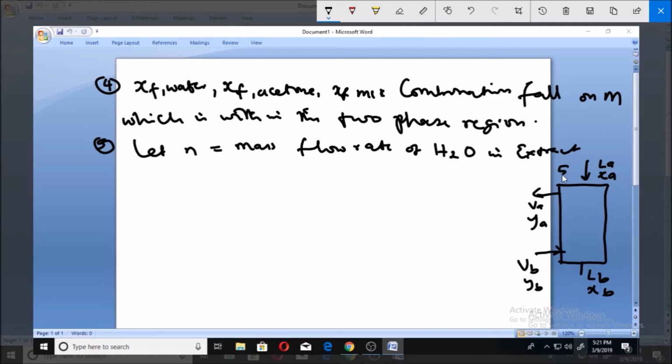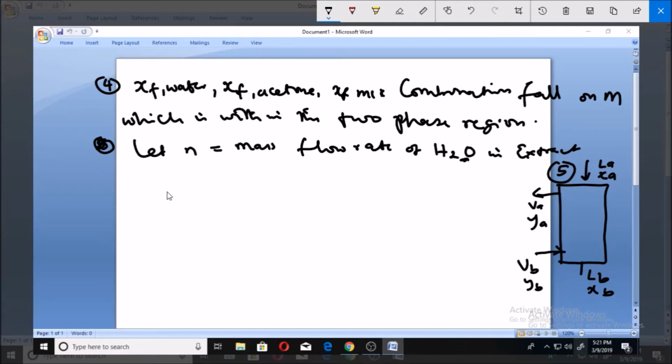So this should be the 5th thing we do before we say let N be the mass flow rate of H2O in the extract. This N represents the mass flow rate of the diluent. The diluent is anything that contains the solute.